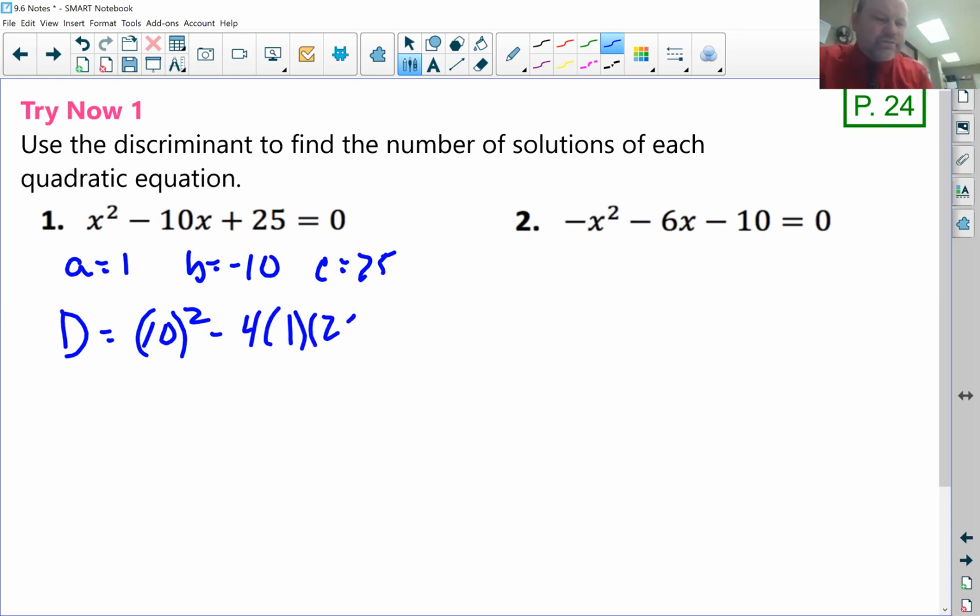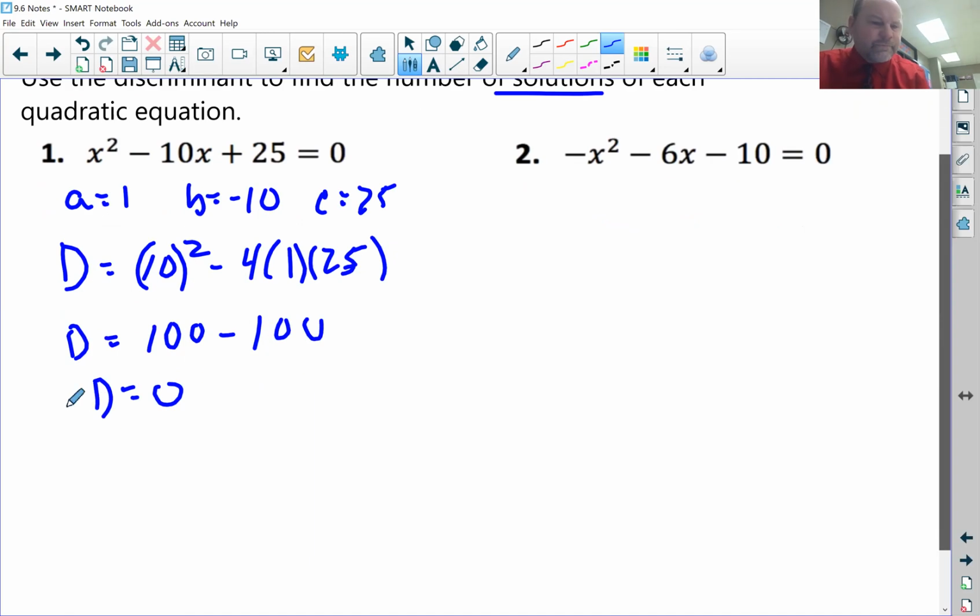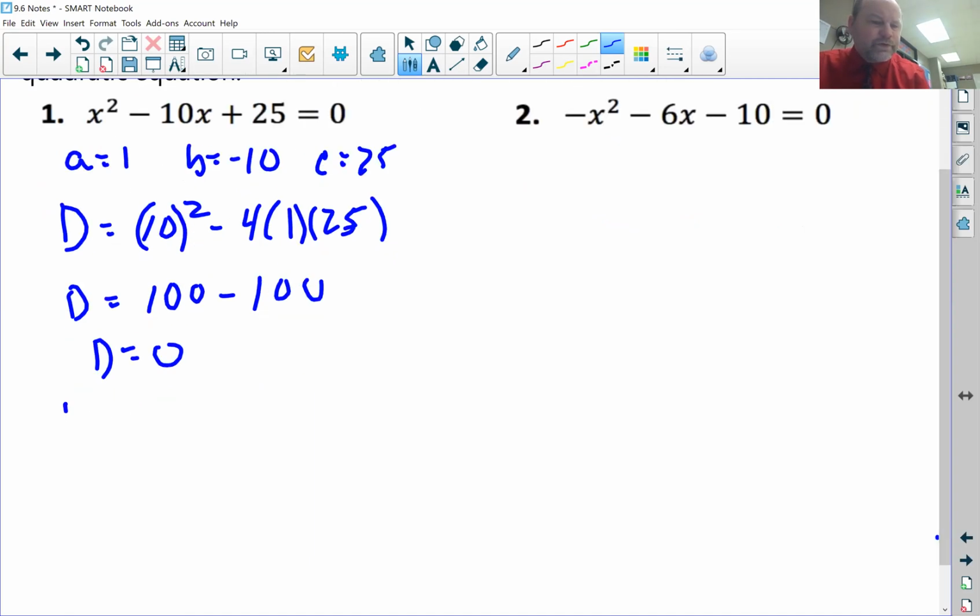So there's always going to be that minus 4 when you're doing the discriminant. That's just part of the formula. It's 100 minus 100. So our discriminant is 0. Now here we ask for the number of solutions. This would be one real solution.